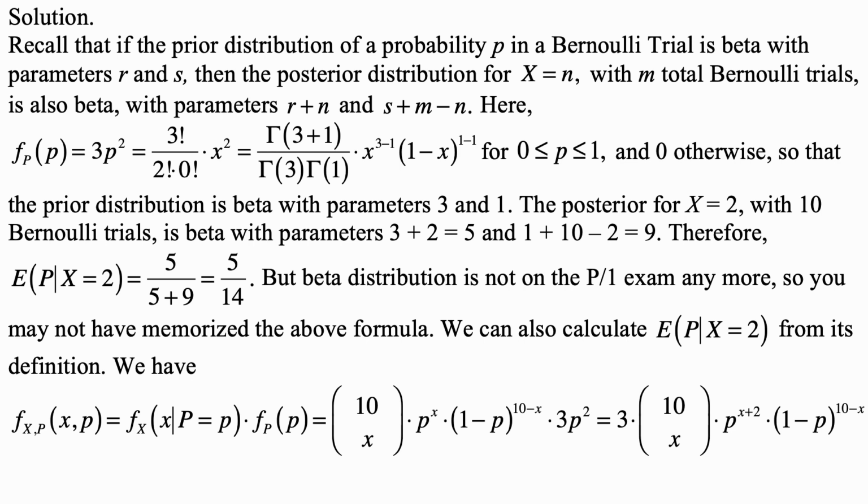That's the binomial distribution, times f sub P of p, which is 3p squared. So this comes out to be 3 times 10 choose x times p to the power x plus 2, because p to the x times p squared is p to the x plus 2, times 1 minus p to the 10 minus x.